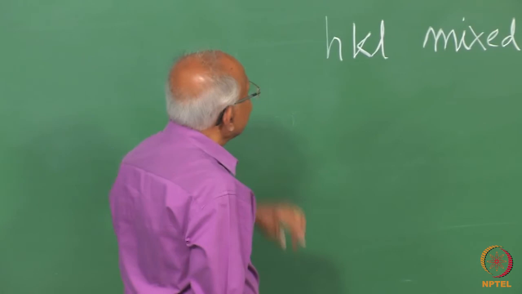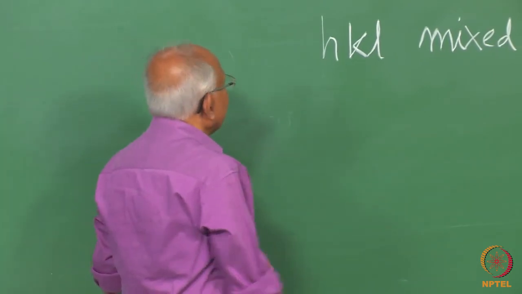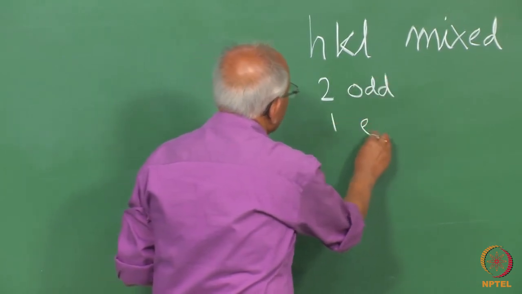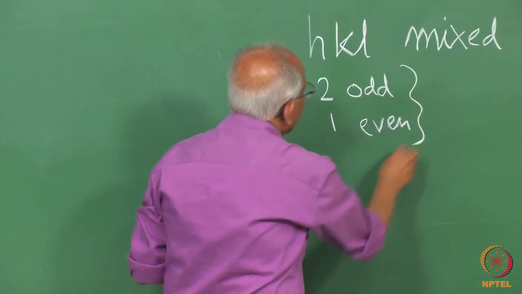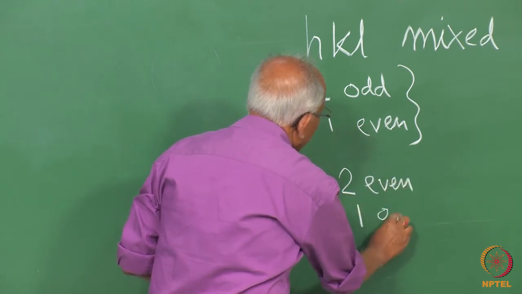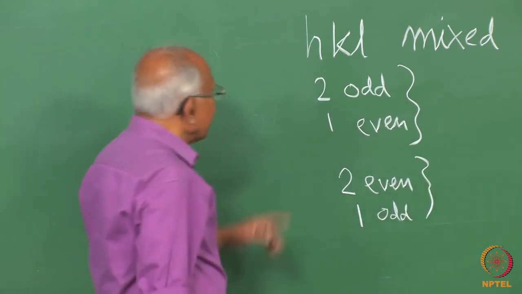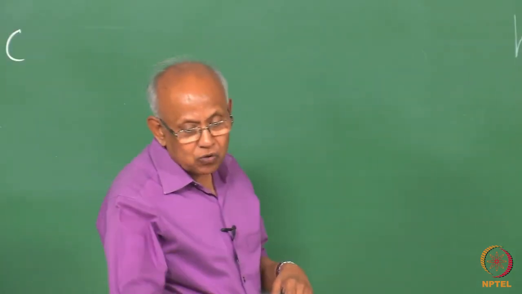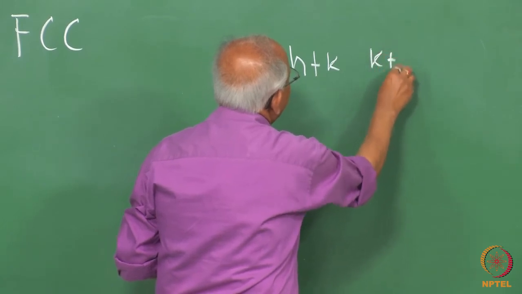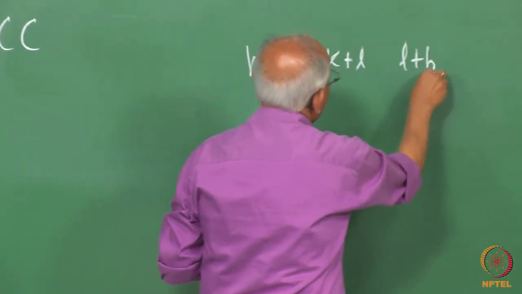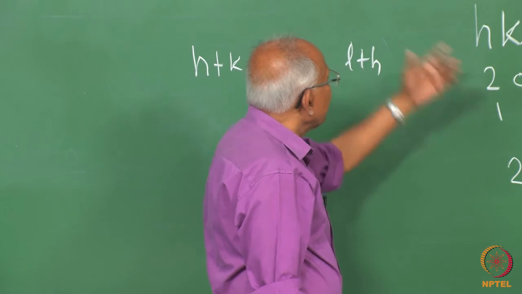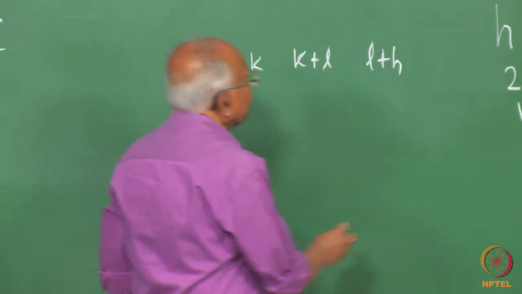If h, k, l are mixed, say 2 of them are odd and 1 is even, or 2 of them even and 1 an odd quantity, what will happen to the values of h plus k, k plus l and l plus h?